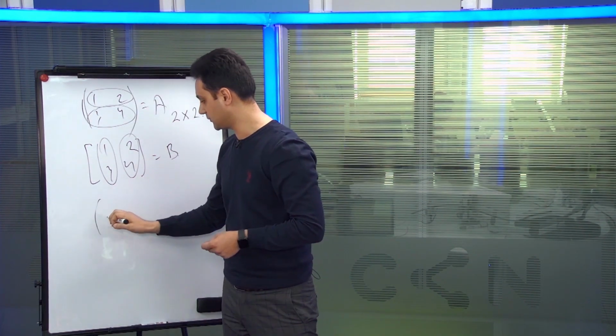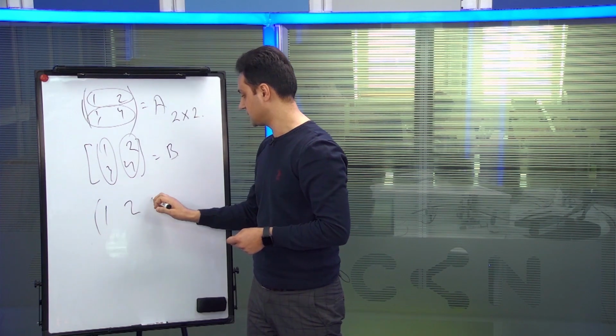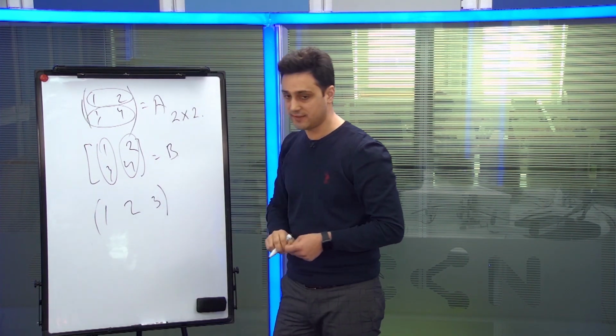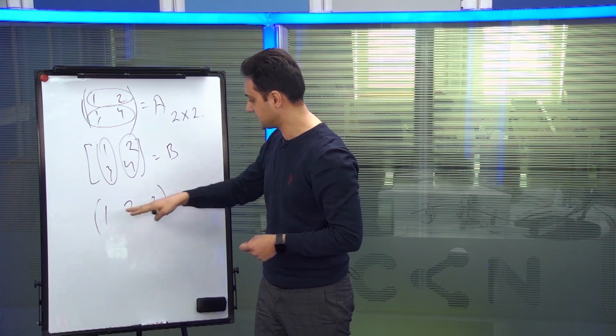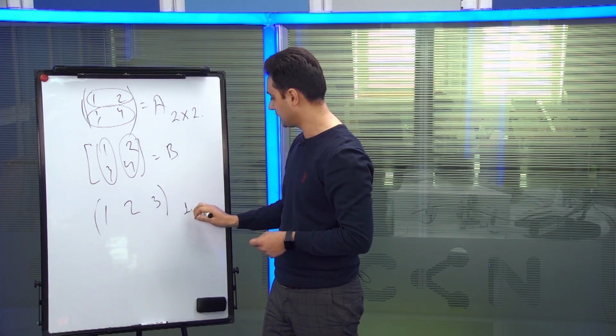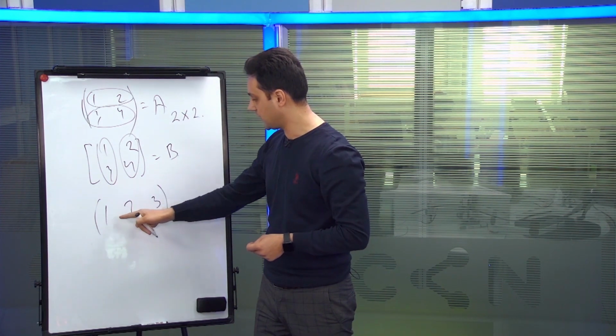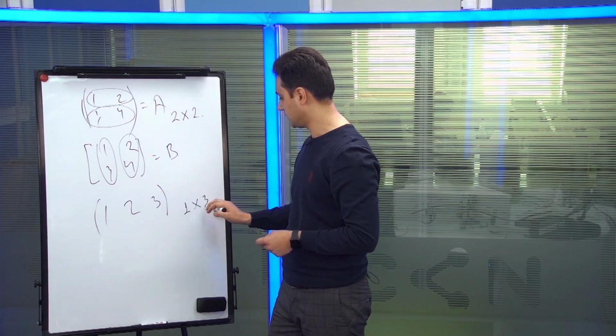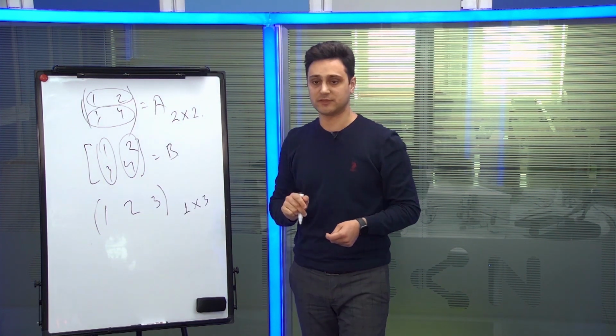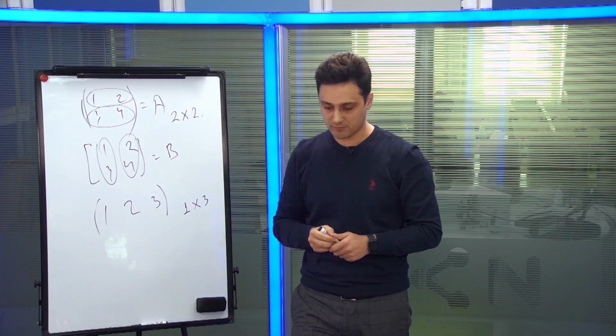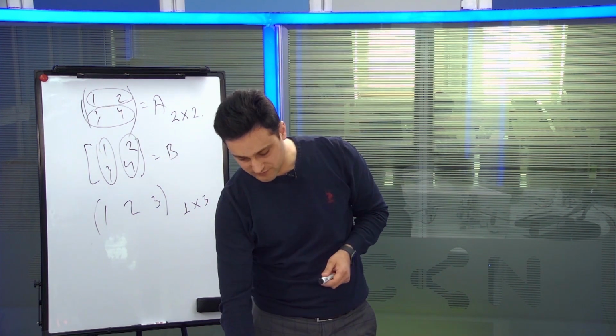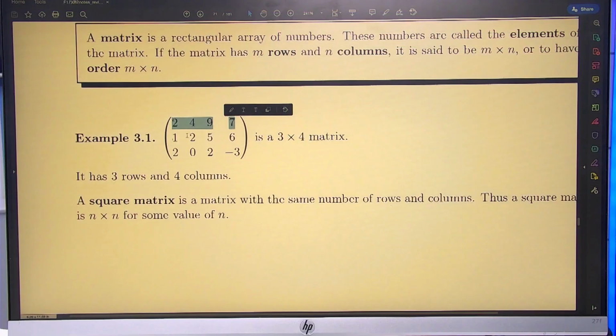Or if you have, for example, the matrix 1, 2, 3, to define its dimension we say the number of rows is 1 and the number of columns is 3. It's called a 1 by 3 matrix. And in example 3.1, you see a matrix with 3 rows, first row elements, second row elements, and third row elements, and 4 columns. In this case we say that it's a 3 by 4 matrix.